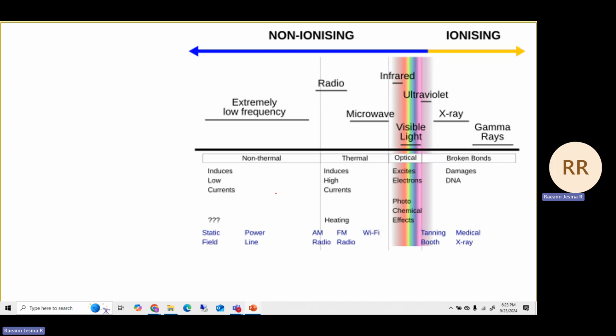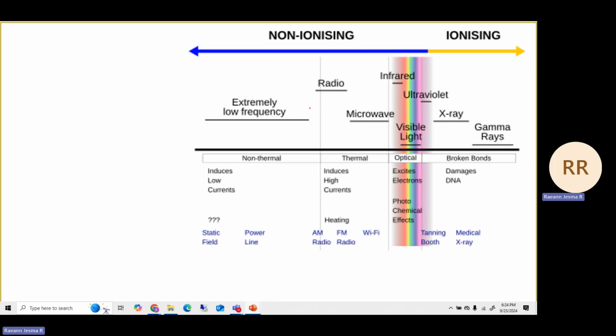It means there is not enough energy in that wave to remove any electron or add any electron to a particular molecule. That's how ionization happens, right? If it is ionizing radiation, it will affect the cells. So generally we will not use ionizing radiation for ablation. Okay.